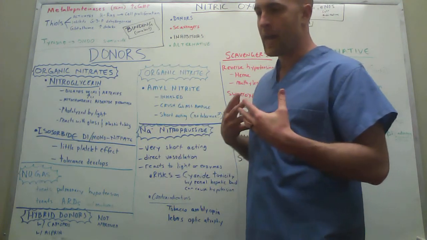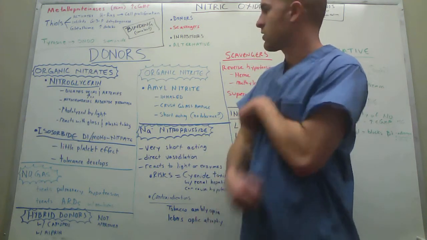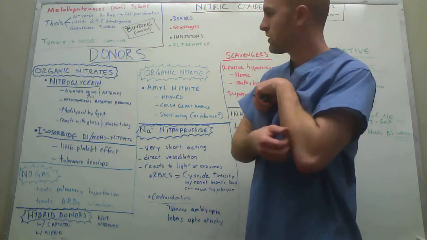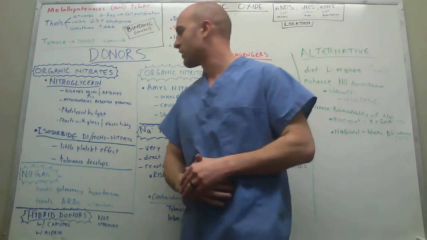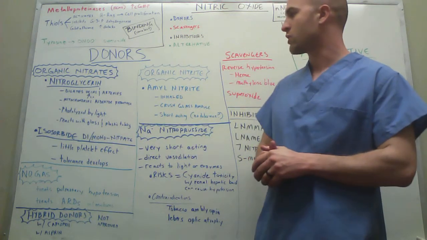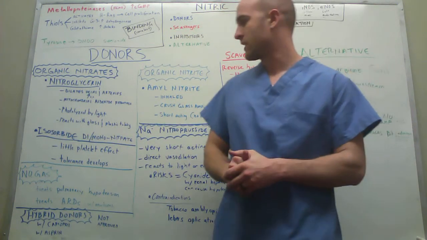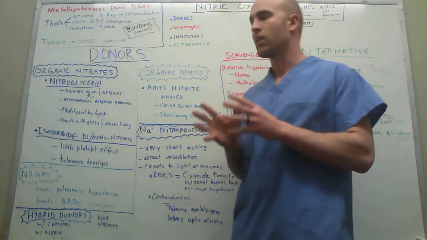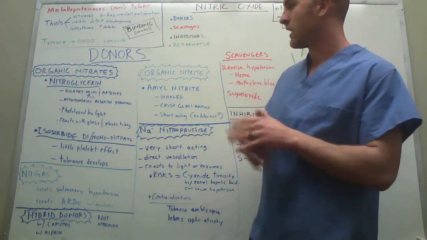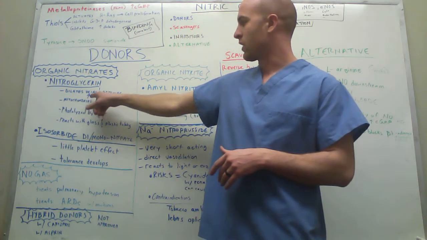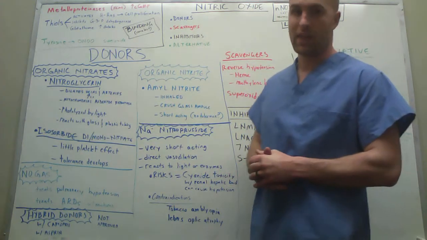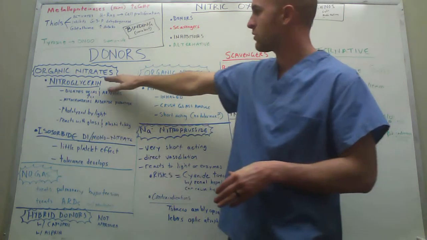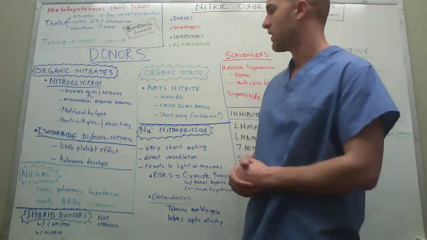Normally, when we look at nitric oxide, it's just going to dilate arteries, but this dilates veins, and it does it because of its effects with mitochondrial aldehyde reductase. Mitochondrial aldehyde reductase is what's responsible for dilating veins. So nitroglycerin, important: arteries and veins.